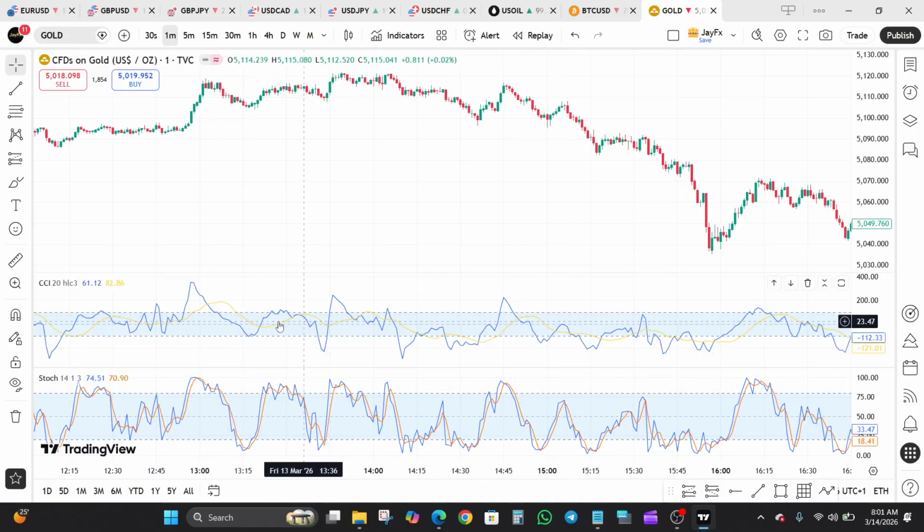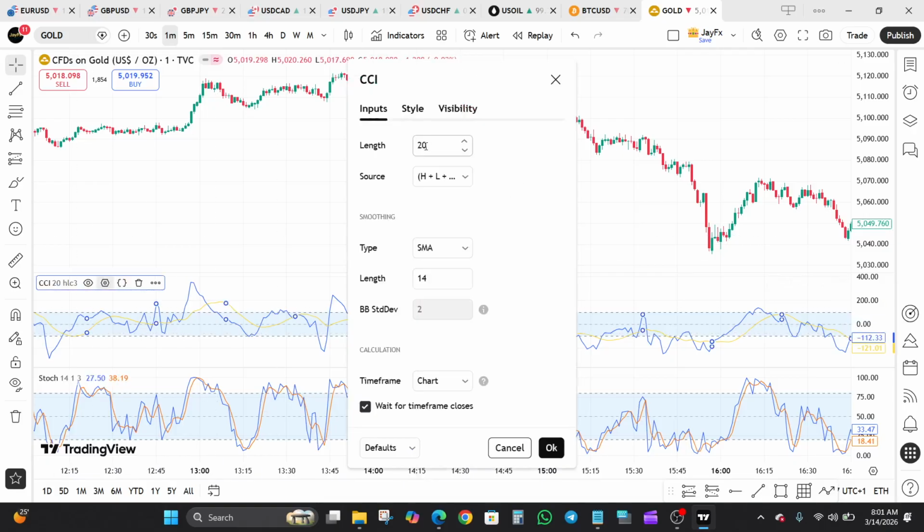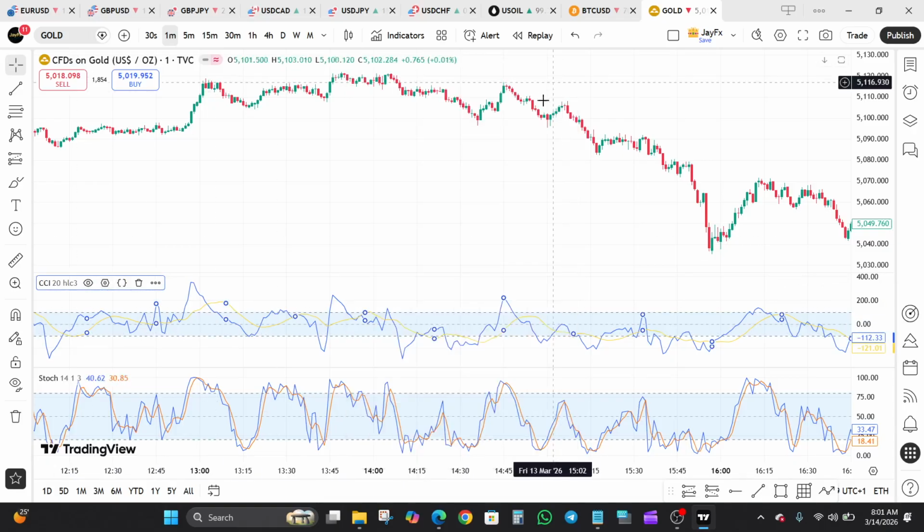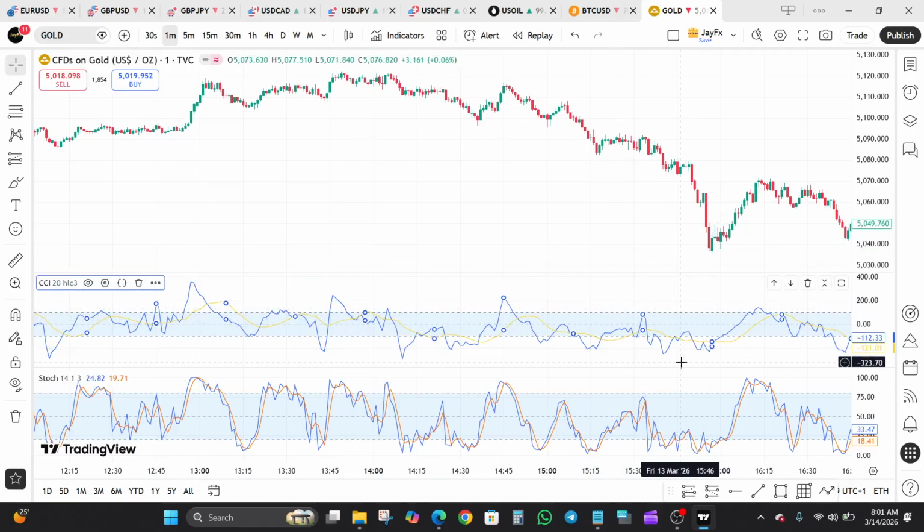The commodity channel index, commonly called the CCI, measures how far the current price deviates from its average price over a specific period, which you can modify, of course. Because of this calculation, the indicator can move above or below typical ranges rather than staying within fixed boundaries.